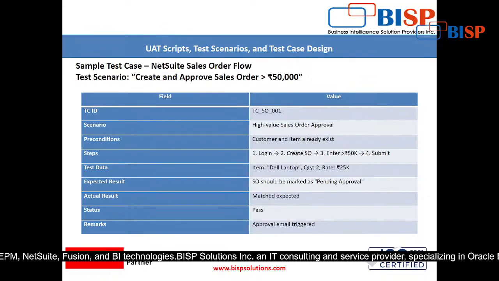Subsidiary is also required, because whichever customer is there, the subsidiary is also required. Okay, now next steps: login, create SO, enter the amount greater than 50,000 rupees, and then fourth is submit.